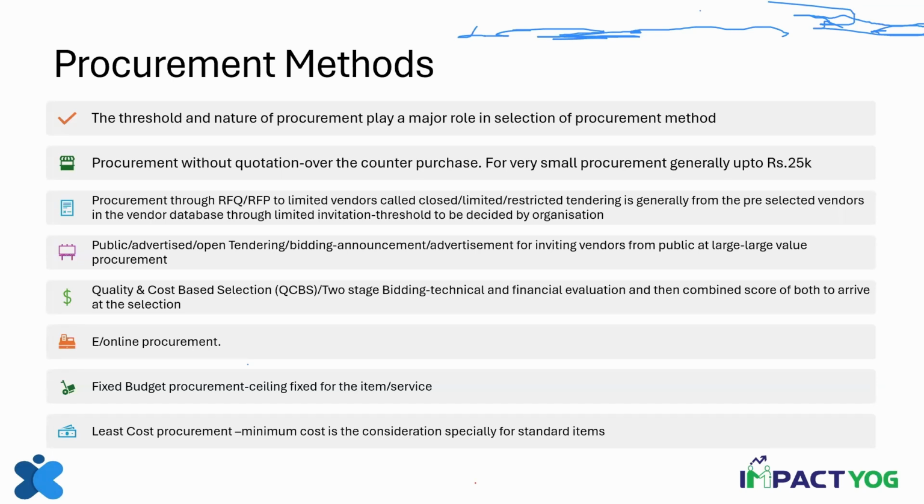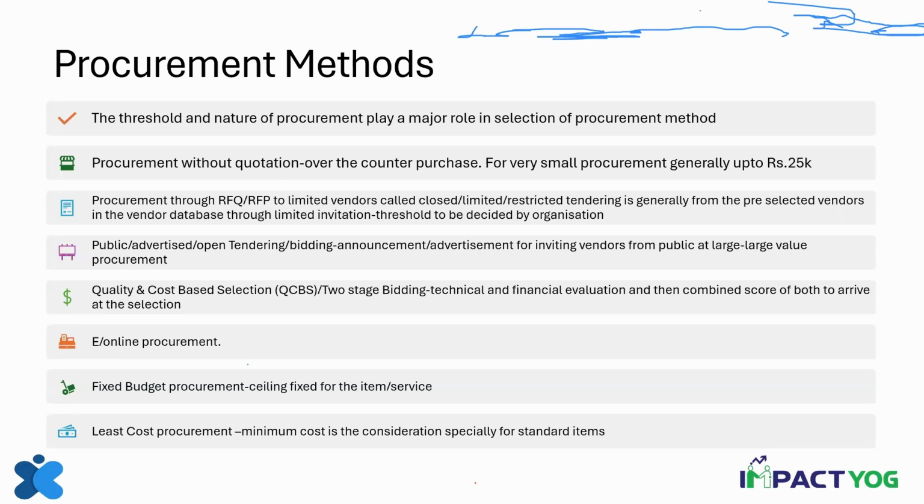Then electronic or online procurement. When we are talking of the public bidding or advertisement bidding or tendering, we were asking them to send their quotation to our office. Okay. But in electronic or online bidding, we say you will have to send the bid to a particular mailbox or a specific mail ID, and that mail ID will be the online method of procurement.